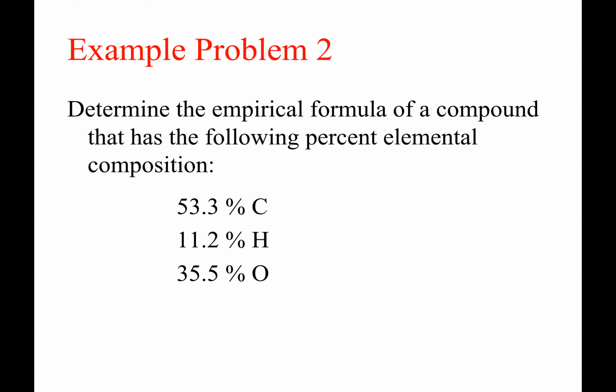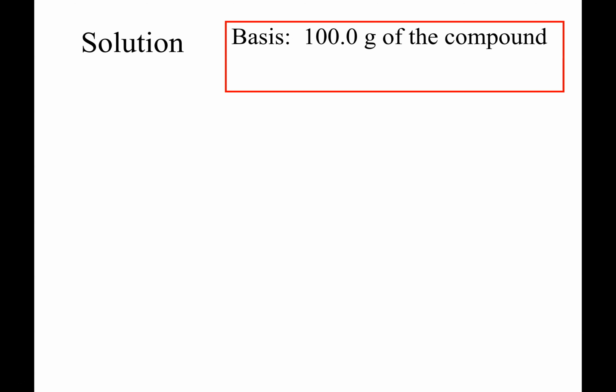And so, here's the deal. I think I have this on the next slide. Do you see where I can unpack those percents? If I take into consideration a basis of 100 grams, and usually if I'm trying to communicate a problem, up here in the corner, I'll say basis equals 100.0 grams of compound, CPD.